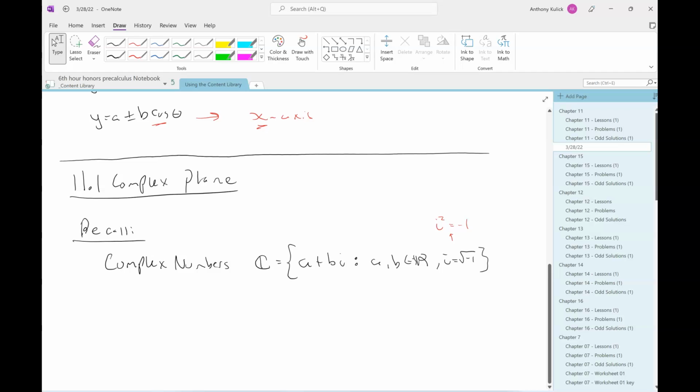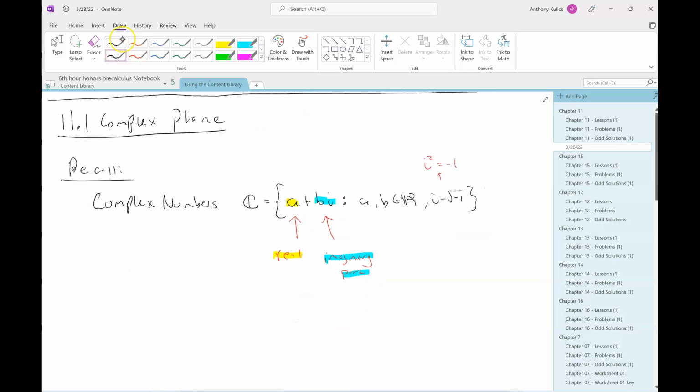So those are the complex numbers, right? As an aside, little piece of vocab, we call the a part the real part, and we call the bi part the imaginary part. Everybody's okay there?